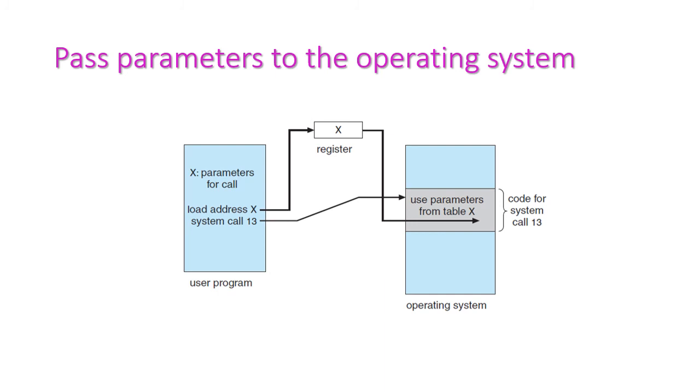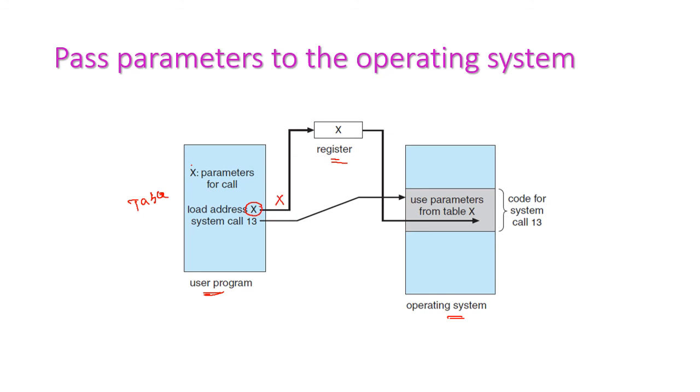In this diagram we have the user program, the register, and the operating system. Here, in the user program, the parameters will be stored in a table, and the address of this particular table is x.